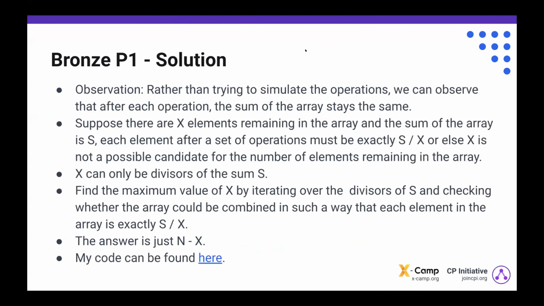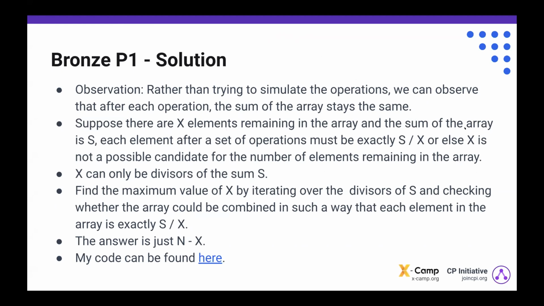All right, so the solution to this problem requires a key observation: rather than trying to simulate the operations, we can notice that after each operation, the sum of the array stays the same. Suppose that there are X elements remaining in the array, and the sum of the array is S. Each element after a set of operations will be exactly S over X, which is a possible candidate for the number of elements remaining.